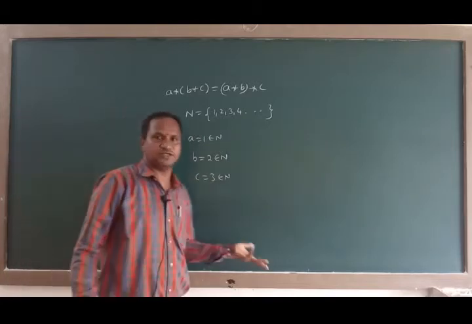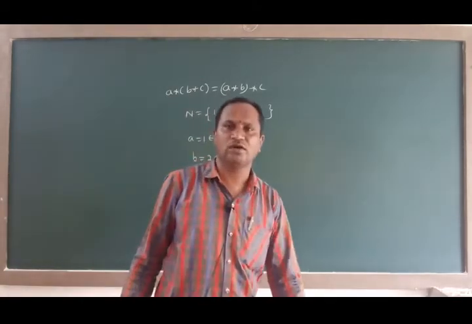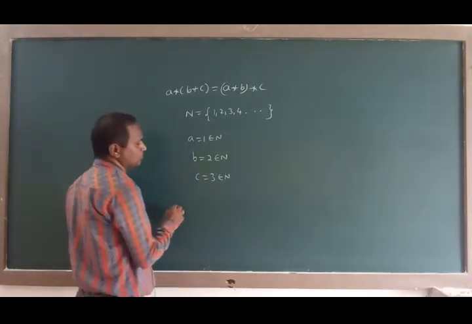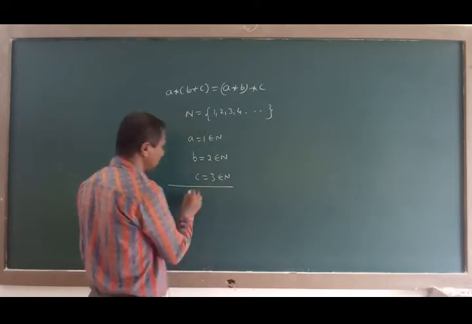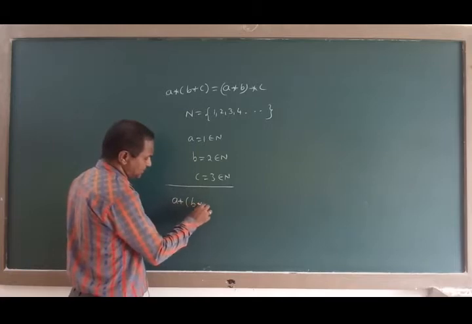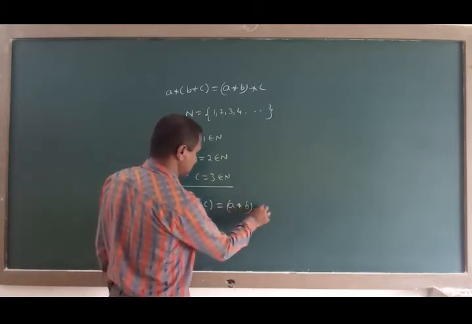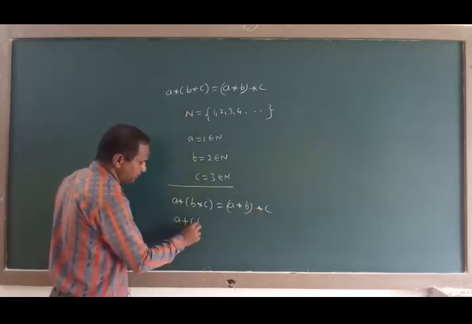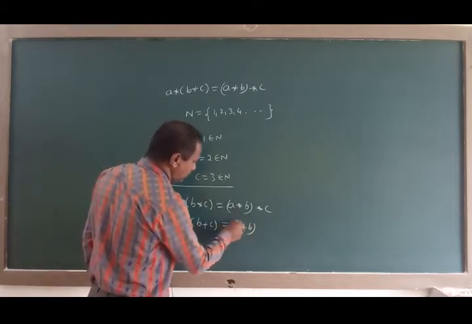Now take, with respect to addition, whether they follow the binary operation and the associative law or not. Here a equal to 1, b equal to 2, c equal to 3, all belonging to capital N. Take addition: a plus (b plus c) is equal to (a plus b) plus c.